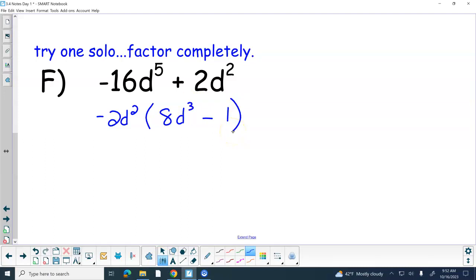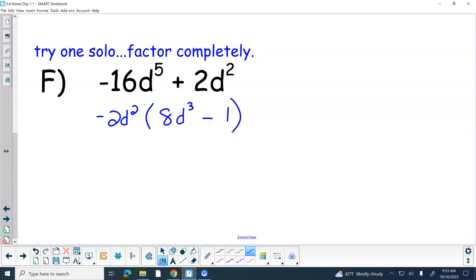Does everybody agree with me on that? Yeah. What have I done? I've created a positive lead coefficient. Is this a perfect cube?